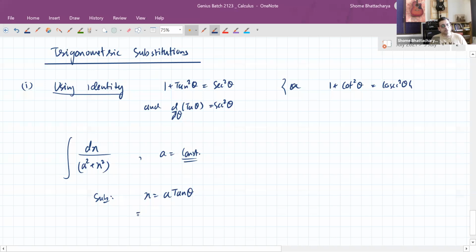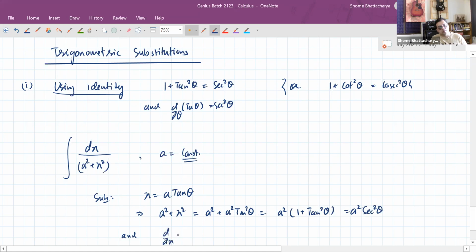So that the denominator becomes a square sec square theta, and dx can be written as a sec square theta d theta.